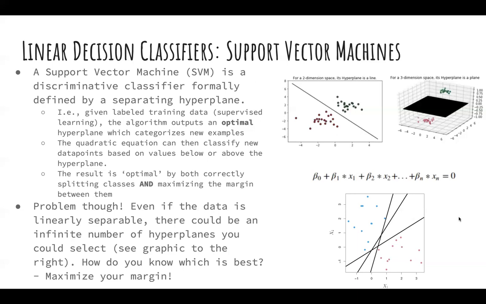If I'm looking at a two-dimensional space, I should be able to use a one-dimensional line to cut my data in half. If it's a three-dimensional space, a two-dimensional plane. And generally, for data in n-dimensional space, I should be able to get a divider in n-1 dimensions that cleanly cuts it in half.